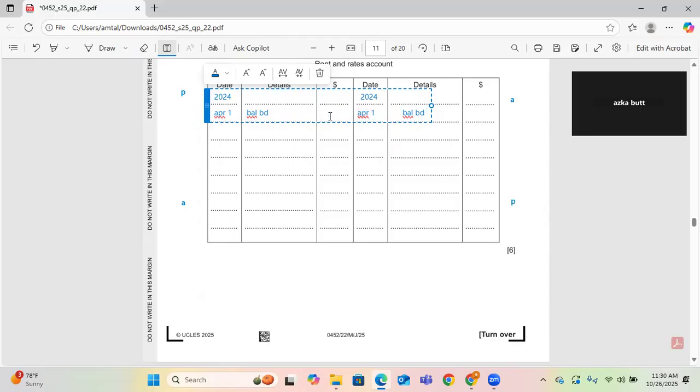So the prepaid expense for the rent and rates was 900, and for the rates, which is accrued, it means that we haven't paid this yet, and that is 270. Okay.